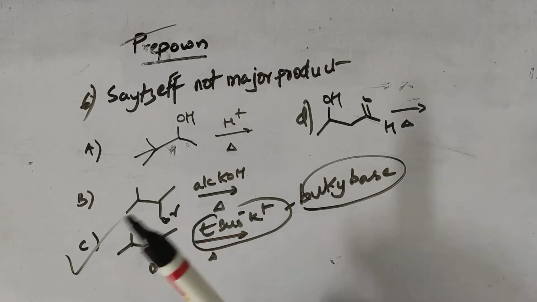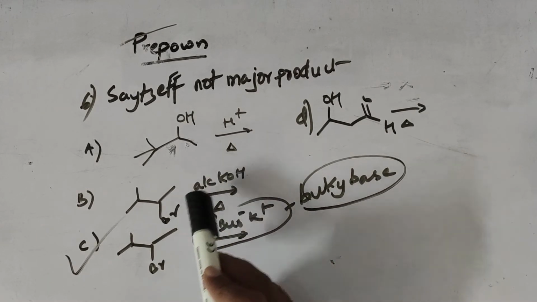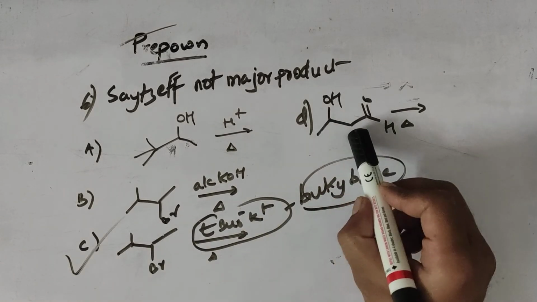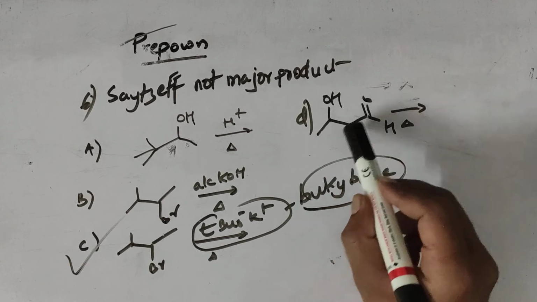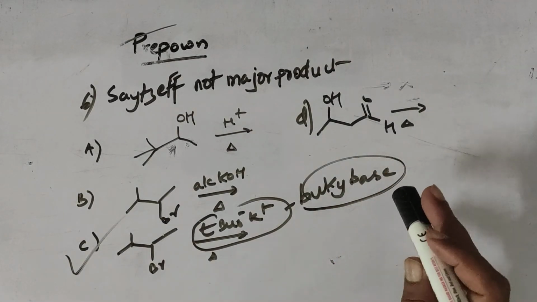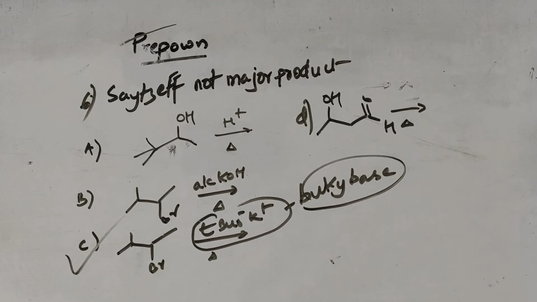In all other cases, if only one product is there, there is no question of Saytzeff and Hofmann, and alcoholic KOH will produce the more substituted alkene, which is nothing but the Saytzeff product. This will produce a double bond here, which is in conjugation, so this is also the Saytzeff product. This is also a Saytzeff product. So here the double bond will be produced here, which is a Hofmann product. So that should be the right answer.